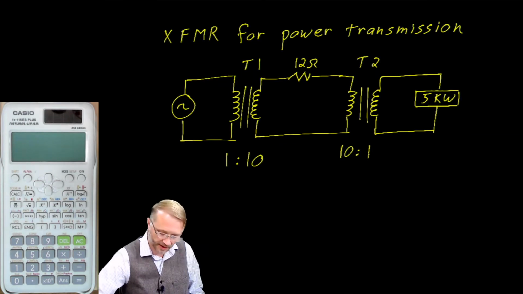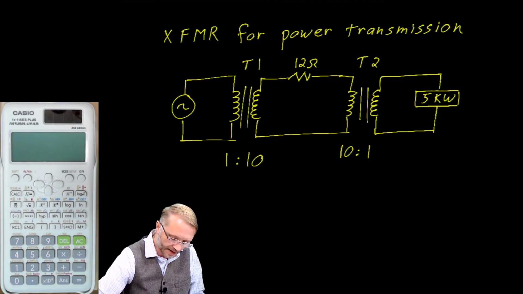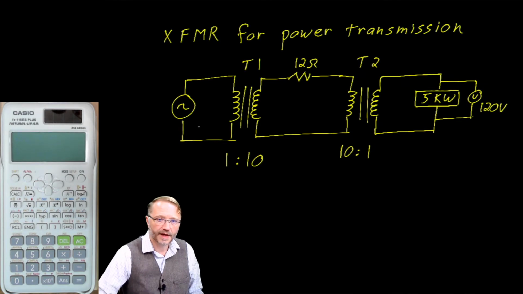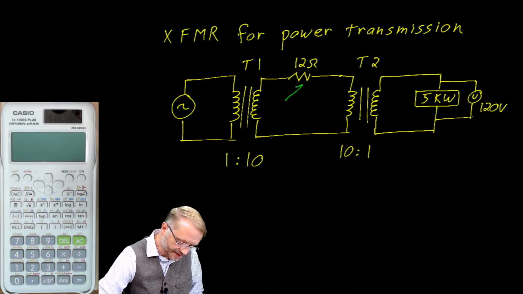We have a 5 kilowatt load, and that load must receive 120 volts. In this example, it's important to realize that this piece here represents wire.